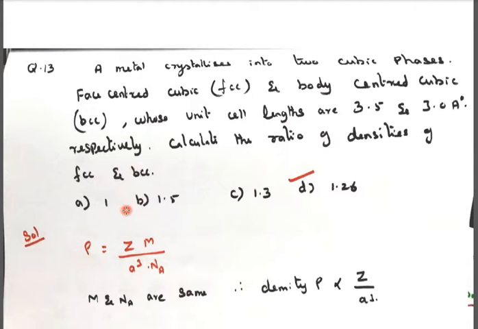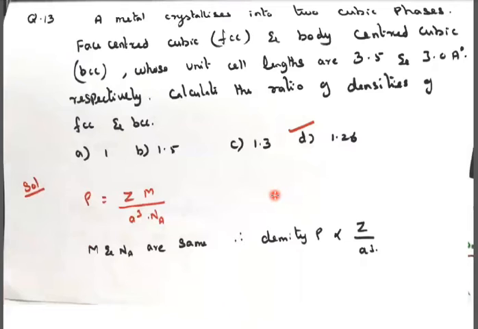The options are 1, 1.5, 1.3 and 1.26. The formula of density is ZM by a cubed into Avogadro number. In this case the molecular mass and Avogadro number are the same, so density is related to the number of atoms in the unit cell Z by a cubed.